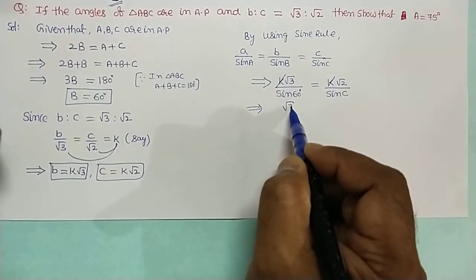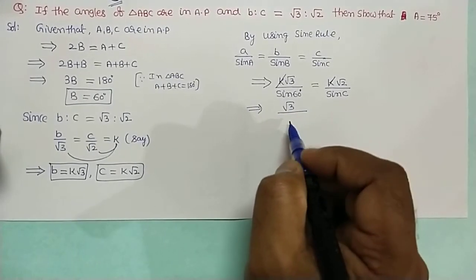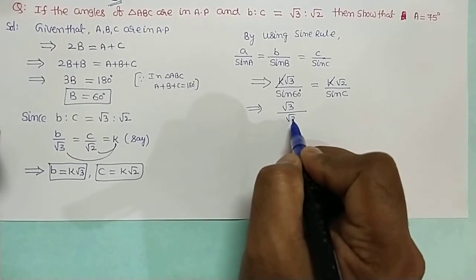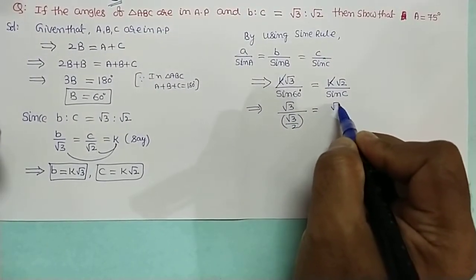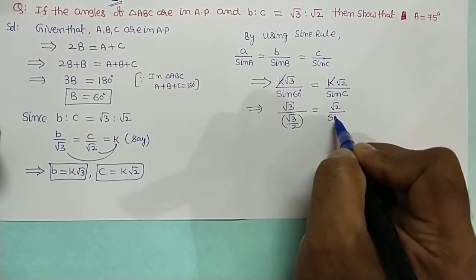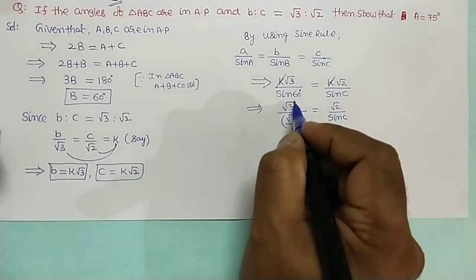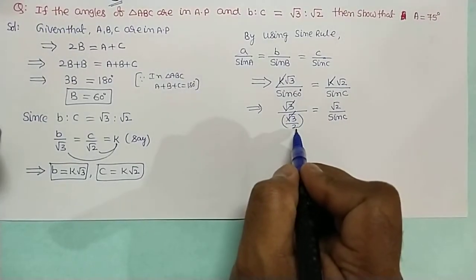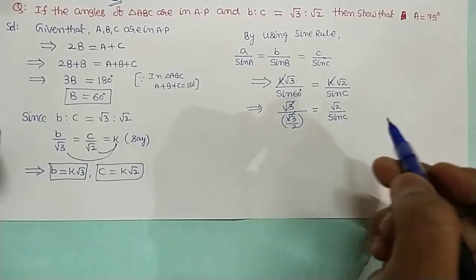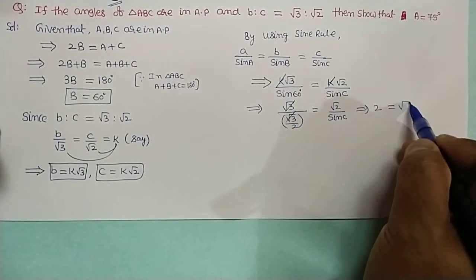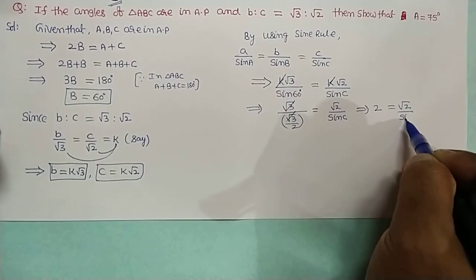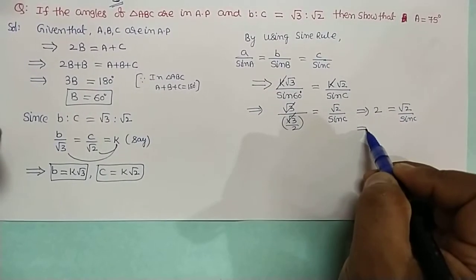And root 3 divided by sine 60, sine 60 is root 3 by 2 only, no? Is equal to root 2 divided by sine C. So here root 3 gets cancelled. Denominator of a denominator will become numerator. So we get 2 equal to root 2 by sine C.